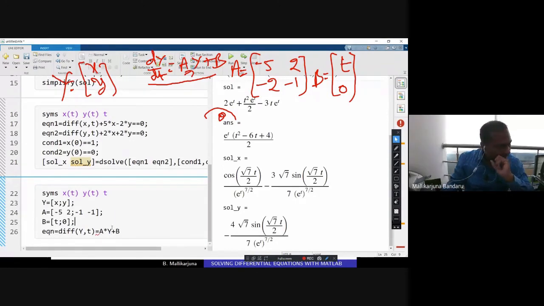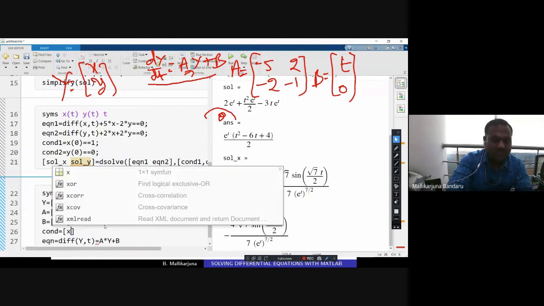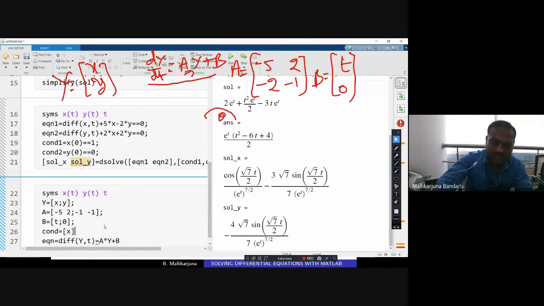And for this there are the conditions, right? So how do you give the conditions? For the condition also you have to give it like this: x of 0, let me take, this is not proper. Condition 1 is equal to x of 0. What is the x of 0? I think we have to give y of 0.